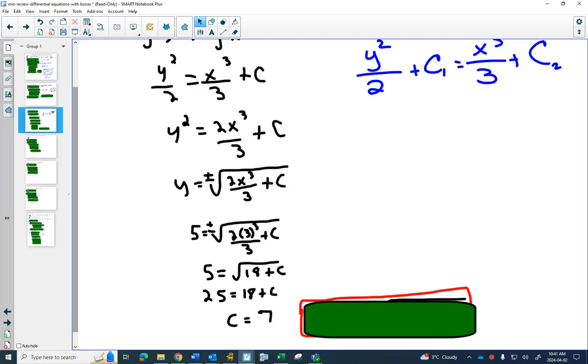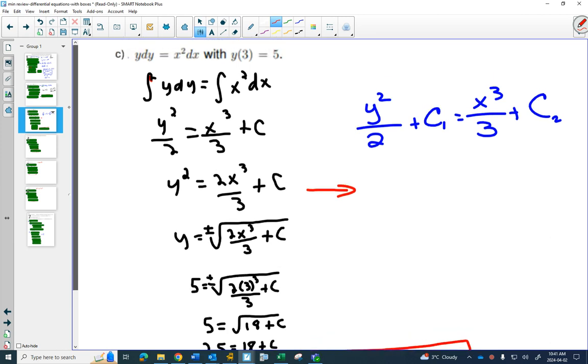Okay. So I think it's not bad if you know your initial conditions. Why not at this point, from here, you could have plugged in 5 for y. I'll do it in black.